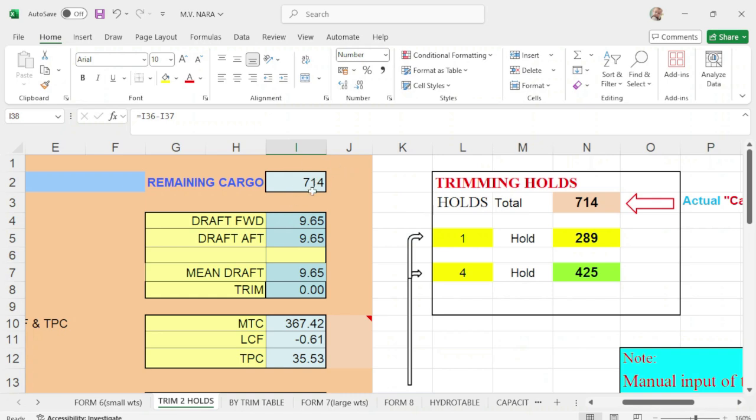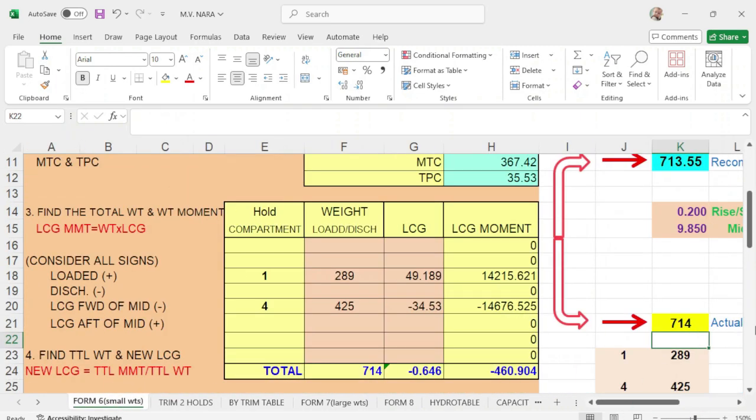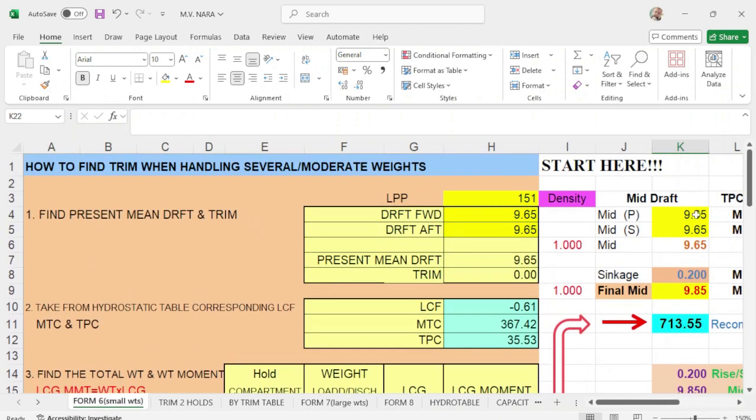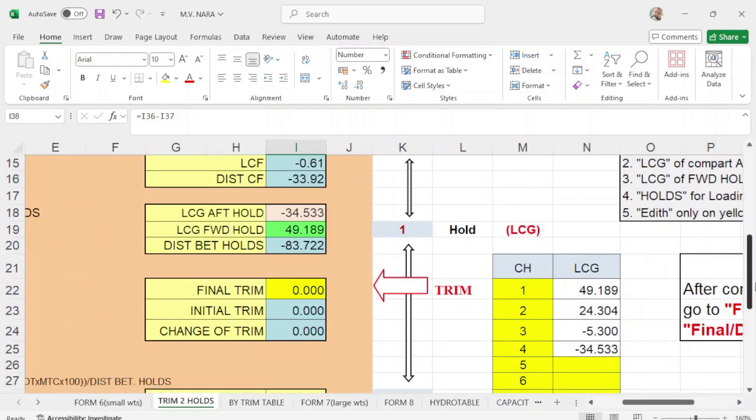Then you have here 714. Your initial drop is 9.65, which is same here, 9.65. Okay, and your recommended cargo to load is 714. Our trimming holds are 1 and 4, and they say no trim, put 0 trim.